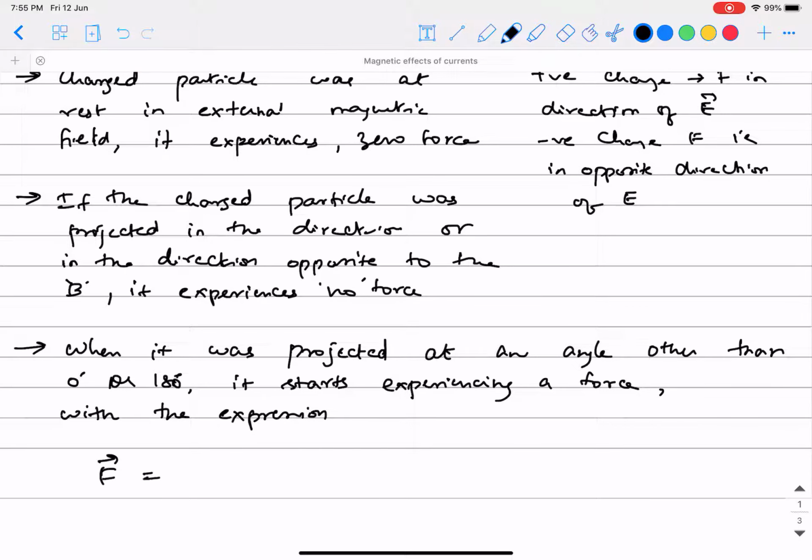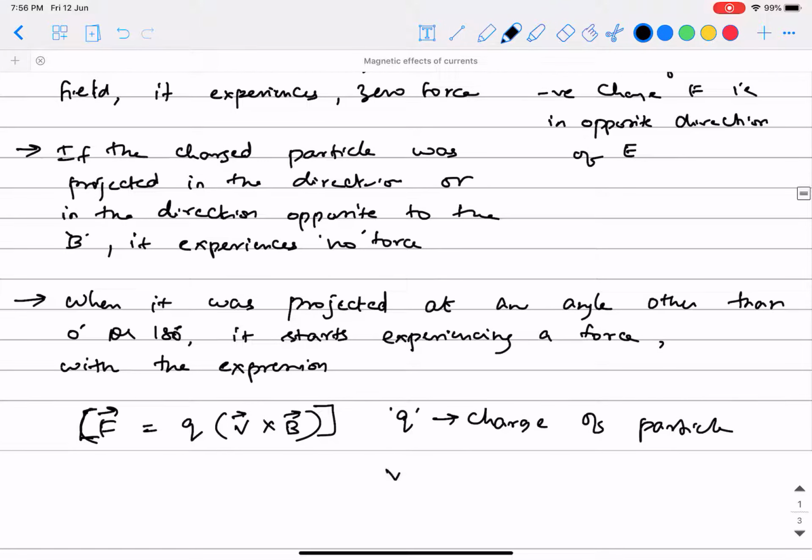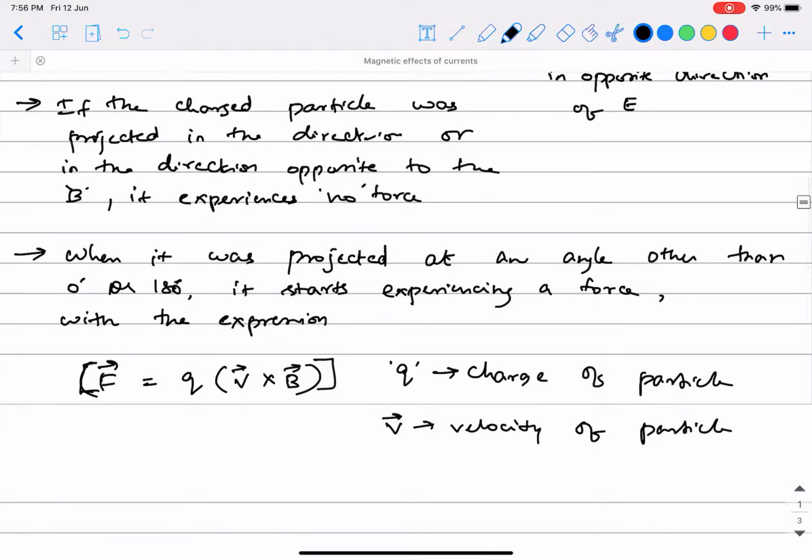F vector is equal to Q into V vector cross B vector, where obviously Q is the charge of the particle, V is the velocity of the particle, and B is the magnetic field into which the particle is projected, the external magnetic field.